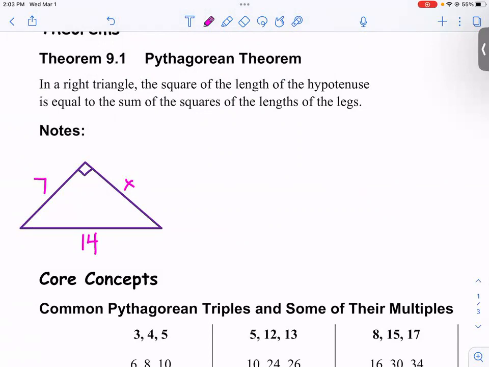X, 7, and 14. Red, which one is the hypotenuse? The hypotenuse. So x squared plus 7 squared equals 14 squared.